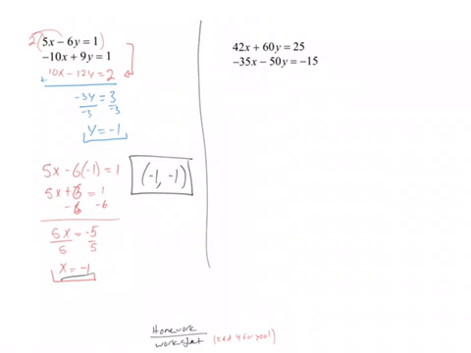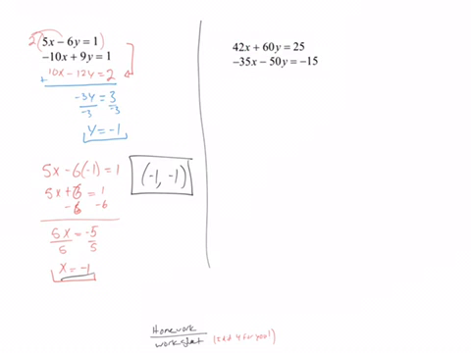Alright, and then sometimes as we work through these, we can't find a good way to multiply either one of them, so we're going to have to end up multiplying both of them. So what I'm going to do on this one, because notice I can't multiply 50 just by some whole number to get 60, so I'm going to have to multiply both equations.